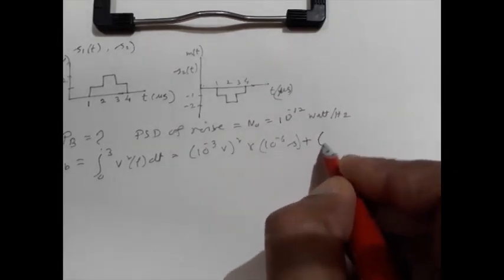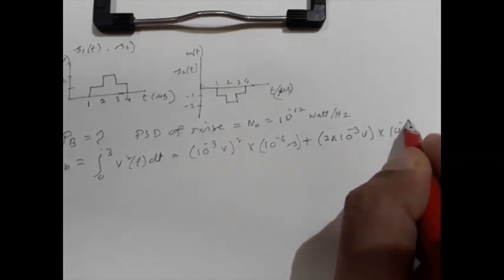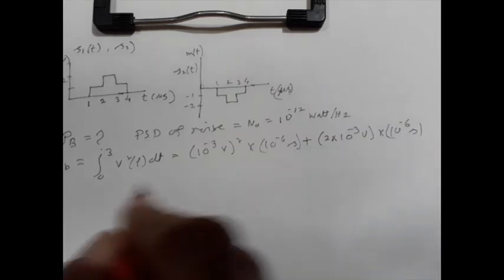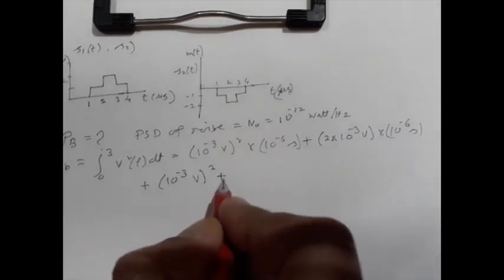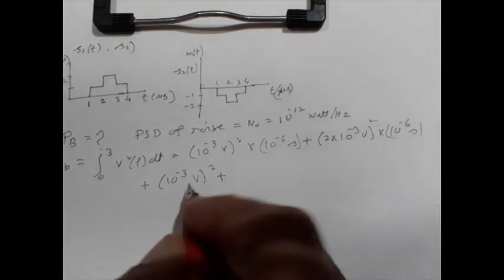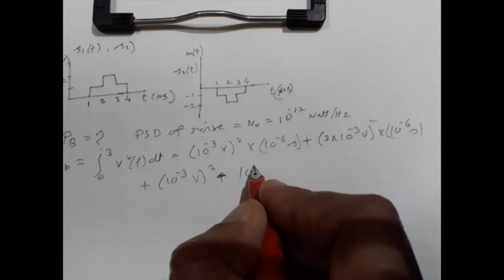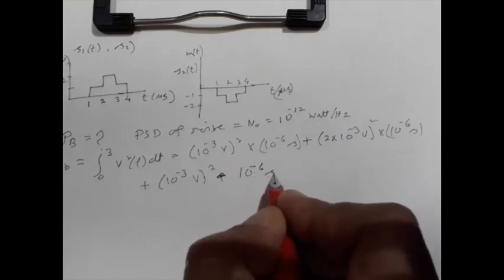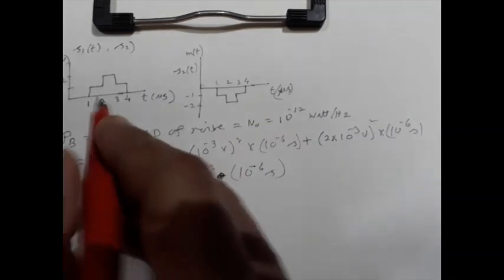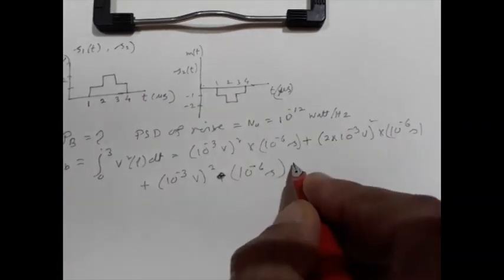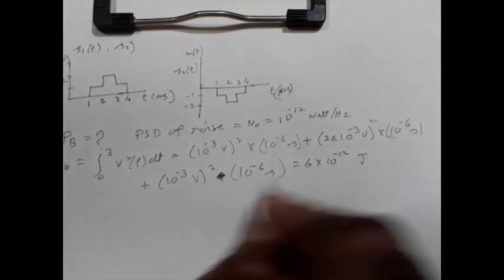Then 2 into 10 to the power minus 3 volt, to 10 to the power minus 6 second, plus 10 to the power minus 3 volt square, plus the remaining region into 10 to the power minus 6 second. So we have determined the energy for 3 different regions, and it will be 6 into 10 to the power minus 12 joule.